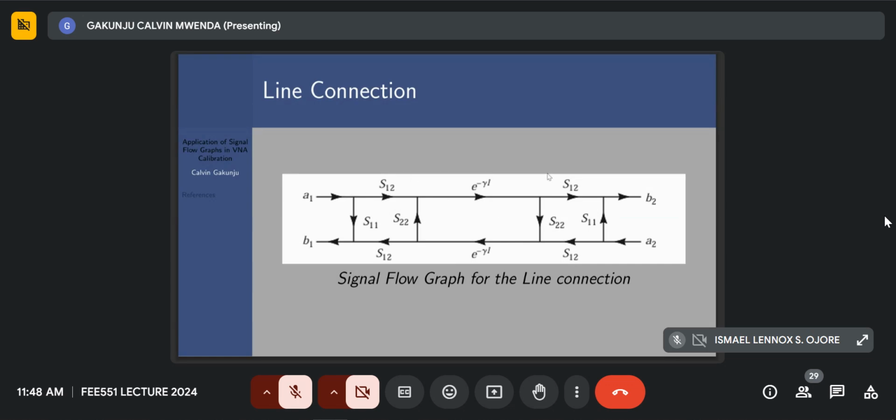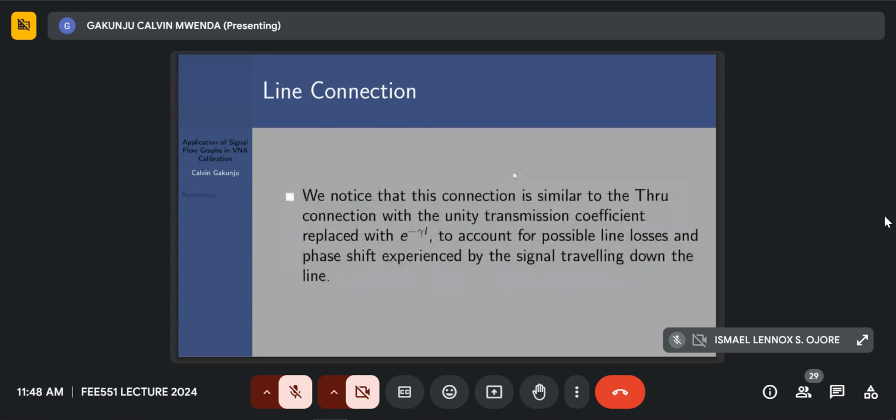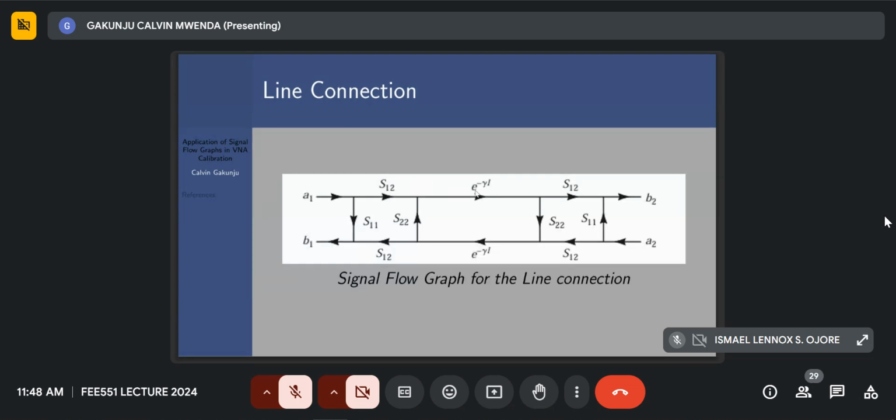This is the equivalent signal flow graph for the line connection, the two error boxes, and the line. As you can notice here, if you replaced the through connection with e power negative gamma L, you'll have the line connection by just looking at the signal flow graph.